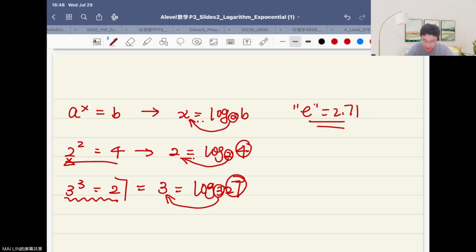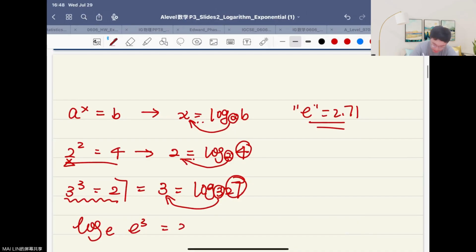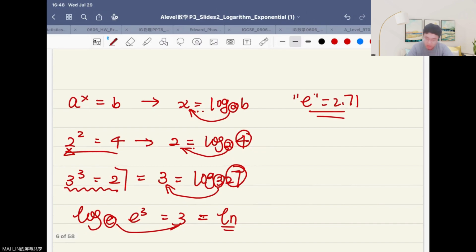So now we have the E. For example, log E cubed equals 3. That can be considered as E to the power of 3 equals E cubed, okay? Also, to simplify it, we can write this logarithm as ln, meaning ln e cubed equals 3, okay? So we simplify log base e to ln.